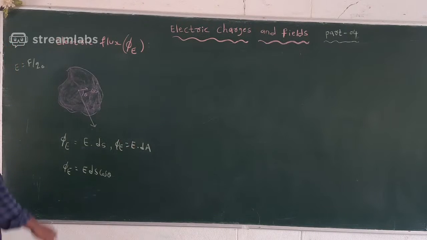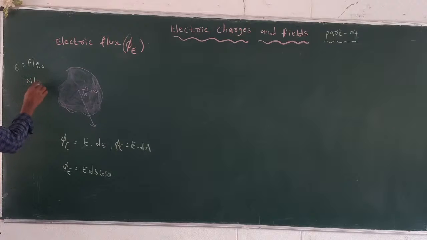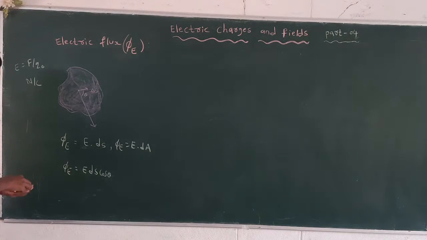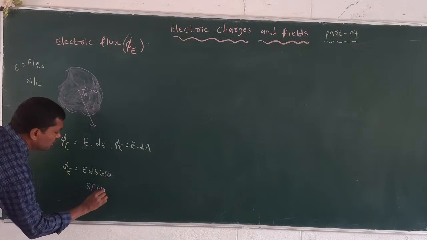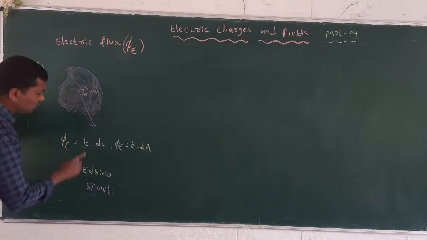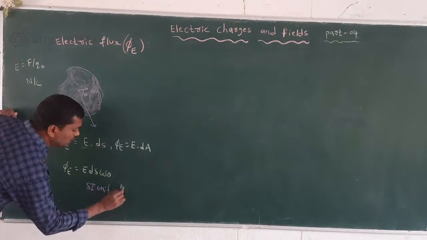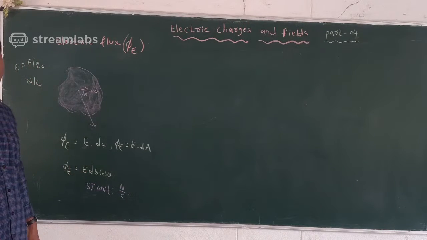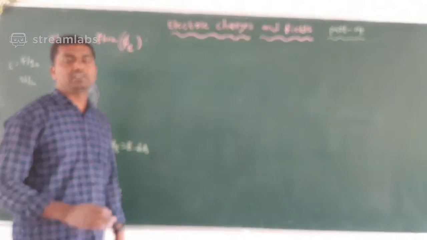The unit is Newton per Coulomb. The SI unit of electric field is Newton per Coulomb, and dS means surface area, length into length, meter into meter, meter square. So Newton meter square per Coulomb is the SI unit of electric flux.